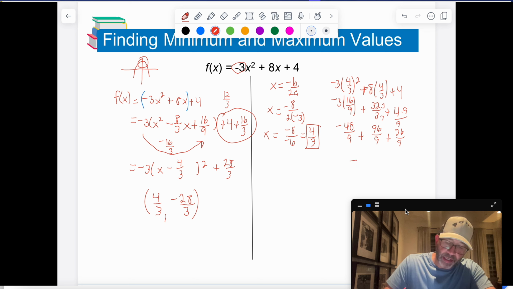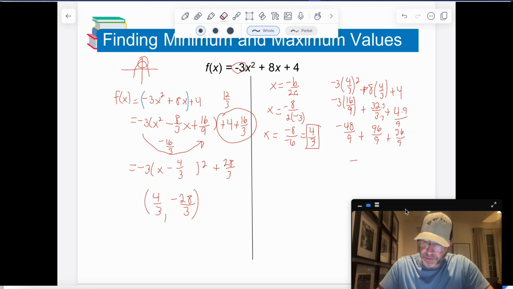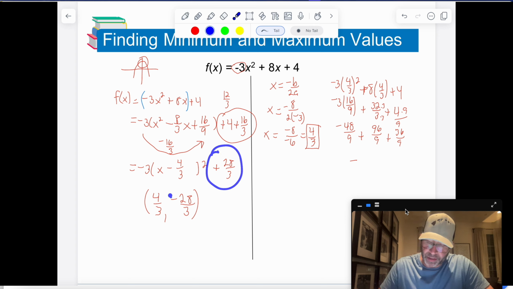So we have negative, no, we have positive. I messed up somewhere. Ugh. Let's see where we went wrong here. So we put in 4/3. Oh, there's a mistake. I said when I looked at this, it's a negative 28 over 3. It's actually a positive 28 over 3. So I caught my mistake.